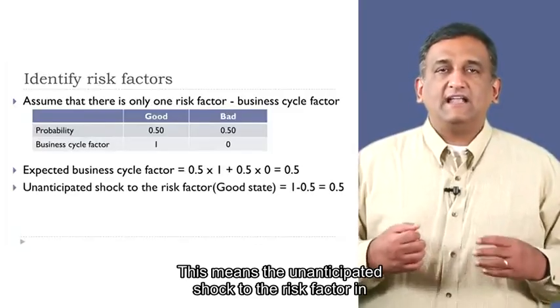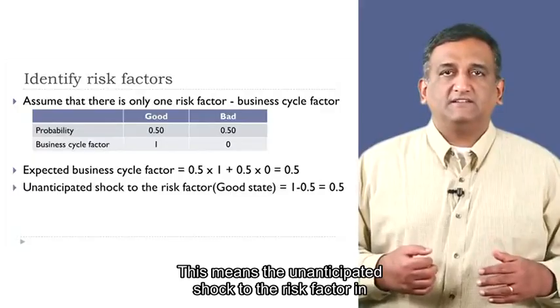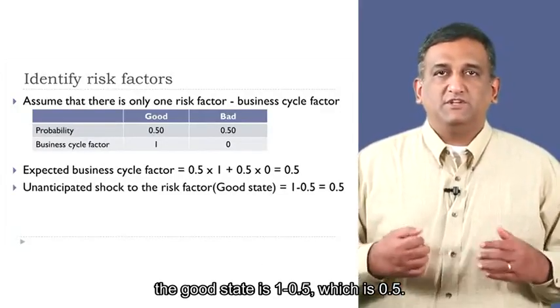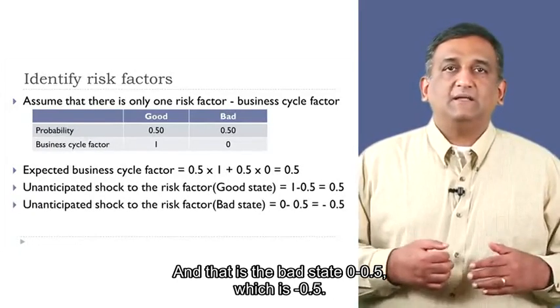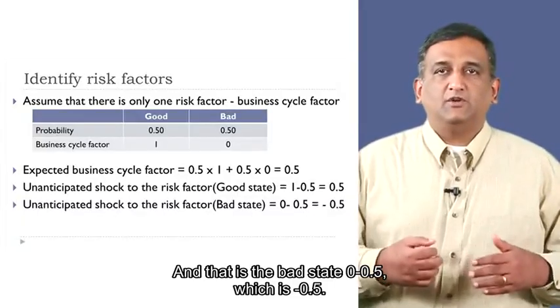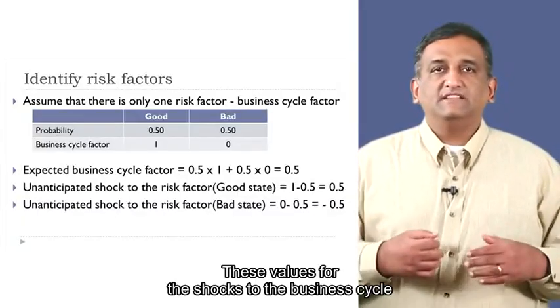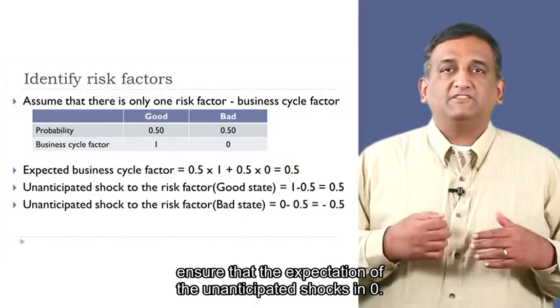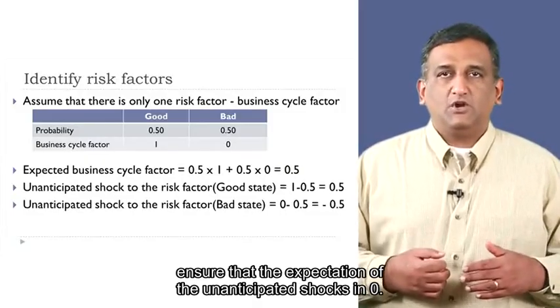This means the unanticipated shock to the risk factor in the good state is 1 minus 0.5, which is 0.5, and that in the bad state is 0 minus 0.5, which is negative 0.5. These values for the shocks to the business cycle ensure that the expectation of the unanticipated shocks is 0.